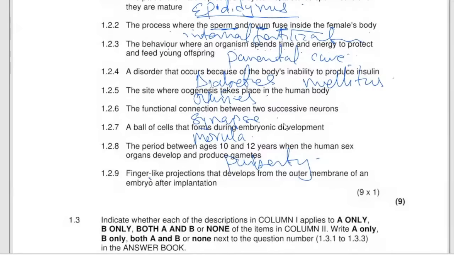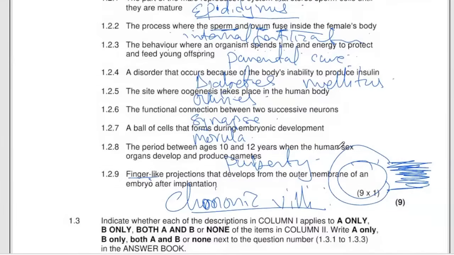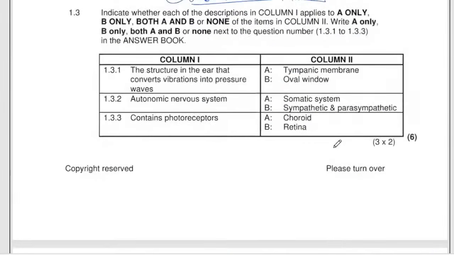But the finger-like projections, the ones which project out like this, so that you form the fetus, you form a hollow ball of cells, but it has finger-like projections, we call them chorionic villi. Yes, the chorionic villi. So that is it for the terminologies.